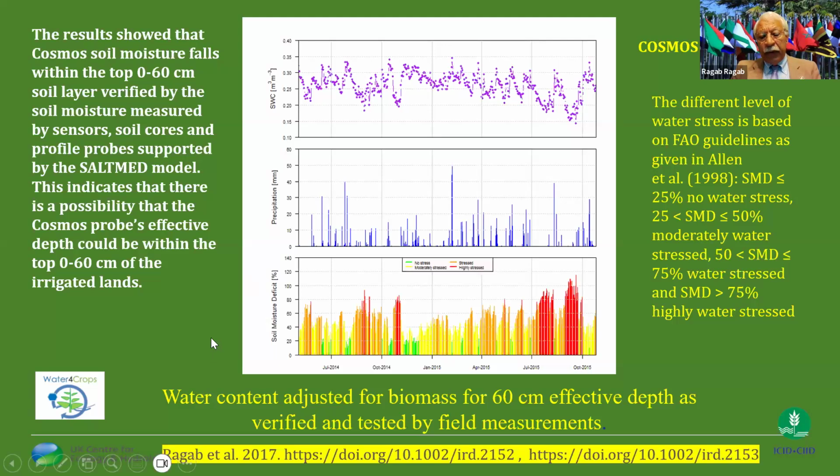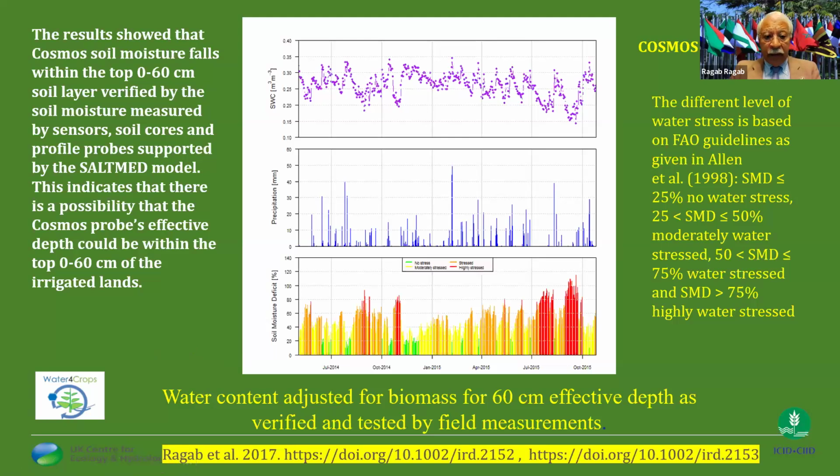use the Cosmos as an operational system. It's real-time measurements. Once you do the software to calculate your SMD, and then you put the levels, you can trigger the irrigation system when it comes to the orange or the red. So your irrigation system starts to irrigate and stops when you reach the green level, which is something that can be operational.